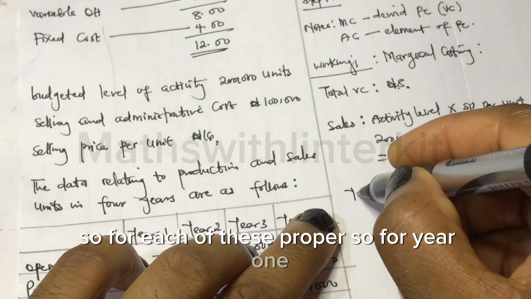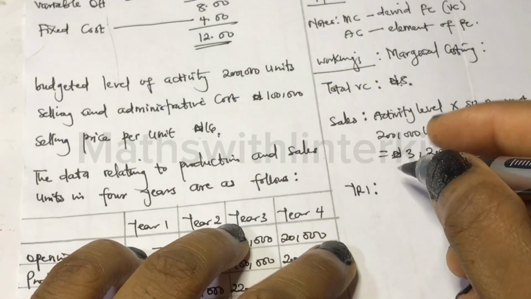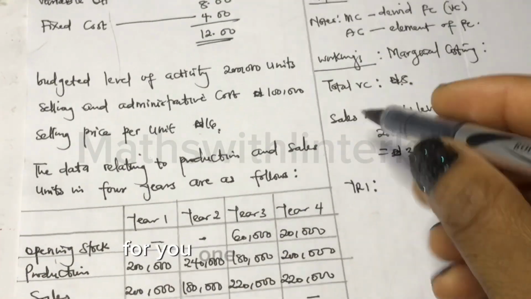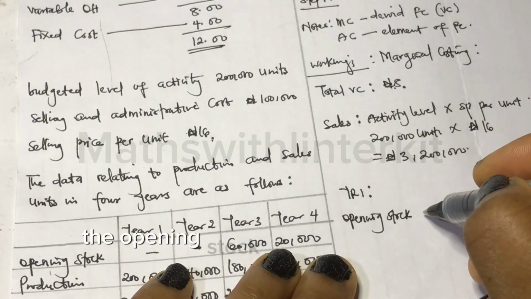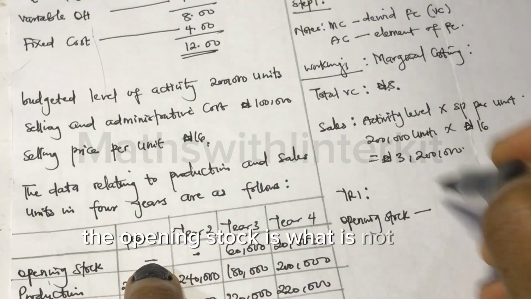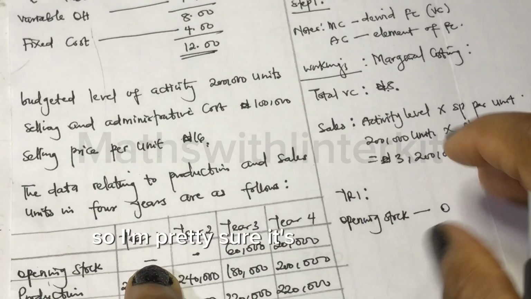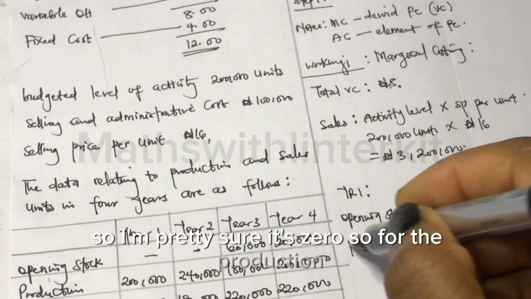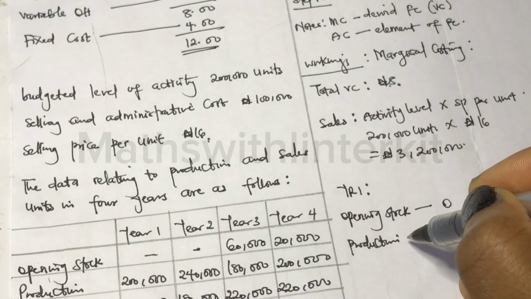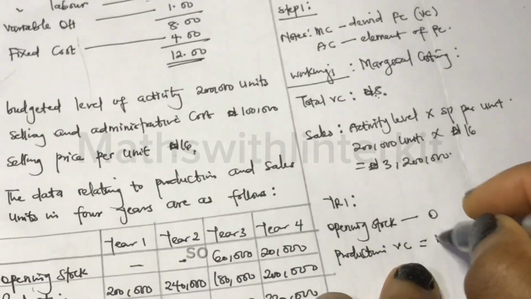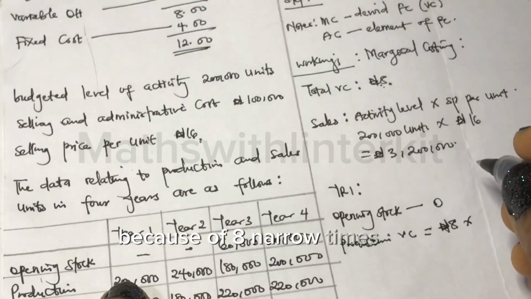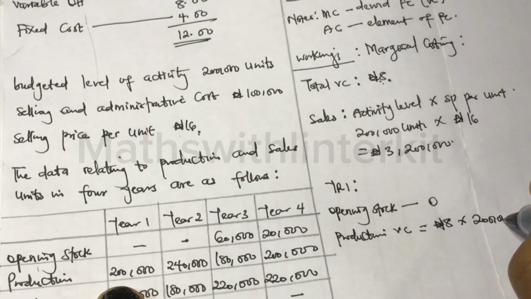So for year 1, the opening stock is not given, so I'm going to write 0. For the production variable cost, remember my variable cost is 8 naira. So my production variable cost shall be 8 naira times the production for year 1, which is 200,000.